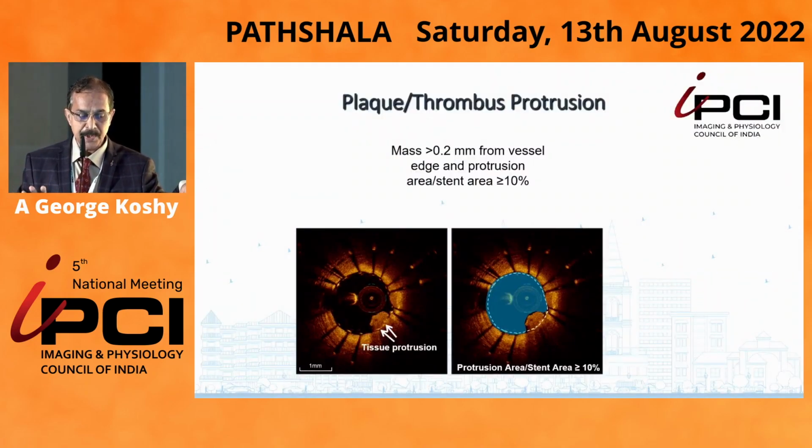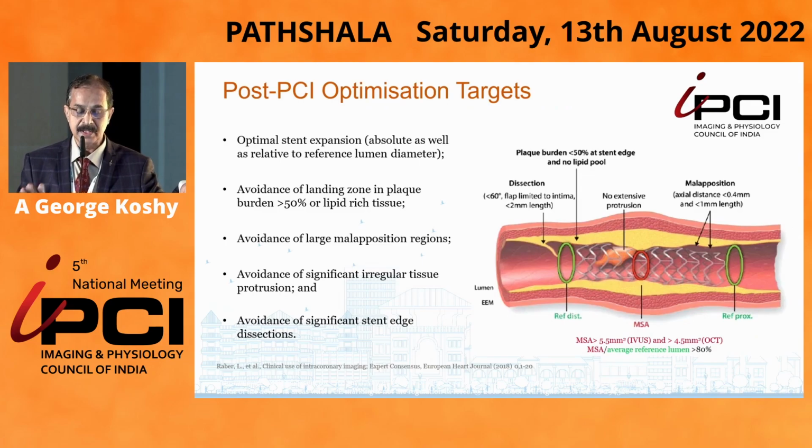And the other important point is sometimes you find plaque or thrombus protrusion. If it is exceeding 200 microns and the edge and protrusion area by stent area is exceeding 10%, it requires correction.